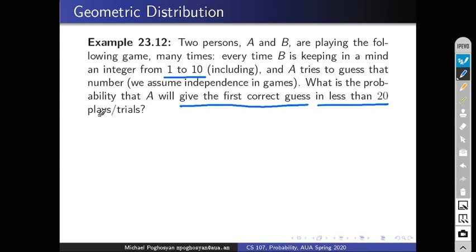So let's model this. How to model this problem? So let's say success is giving the correct answer. So this is our success.